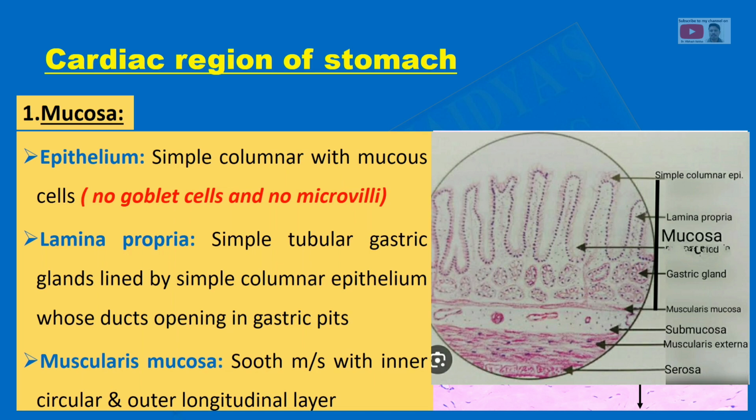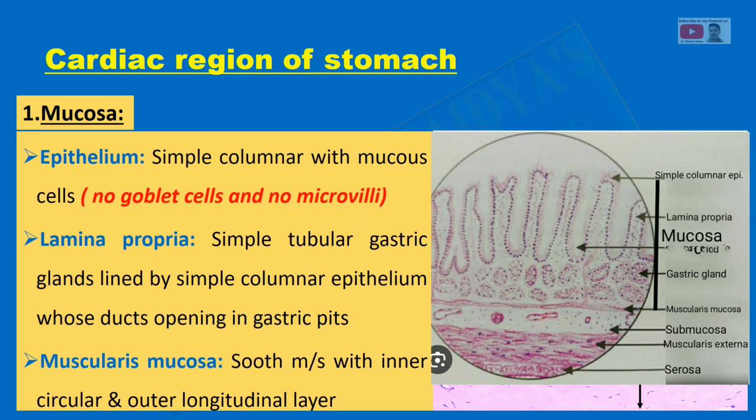We can also appreciate there are no goblet cells. These simple columnar cells rest on the lamina propria, which is the second layer of the mucosa. And this lamina propria contains simple tubular gastric glands.